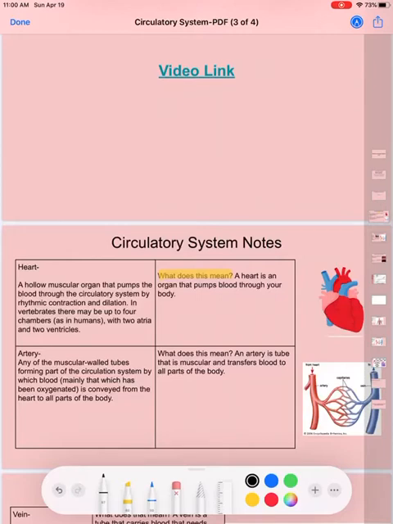Okay. Next we have our arteries. This is the technical term: any of the muscular-walled tubes forming part of the circulation system by which blood, mainly that which has been oxygenated, is conveyed from the heart to all parts of the body. Oxygenated means there is oxygen in the blood.